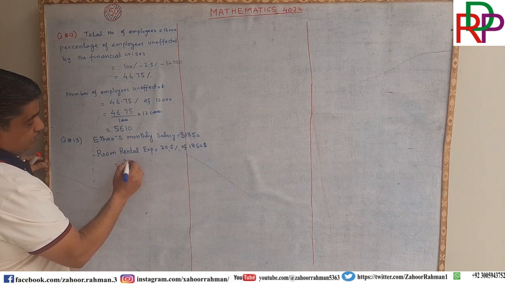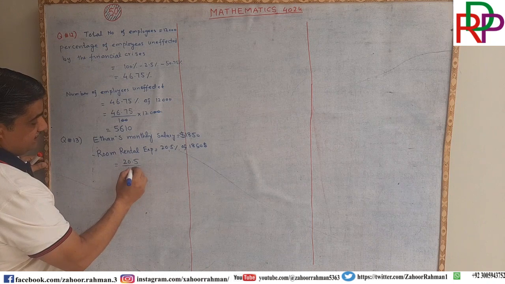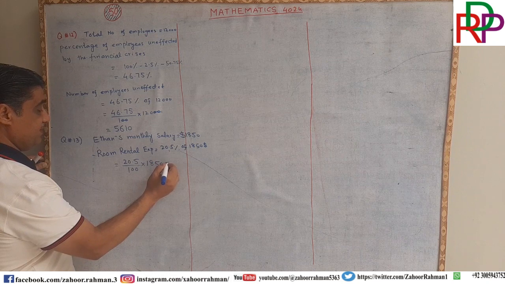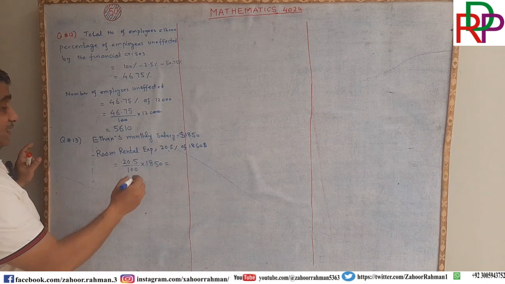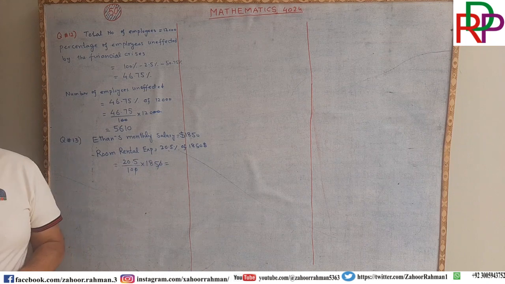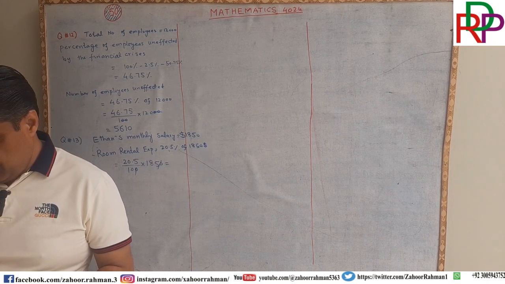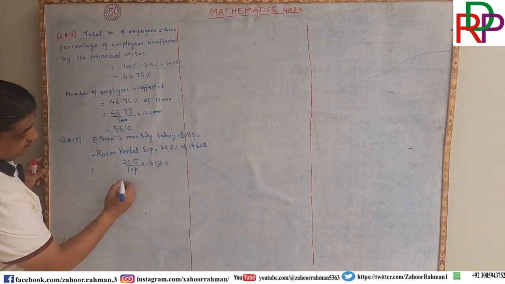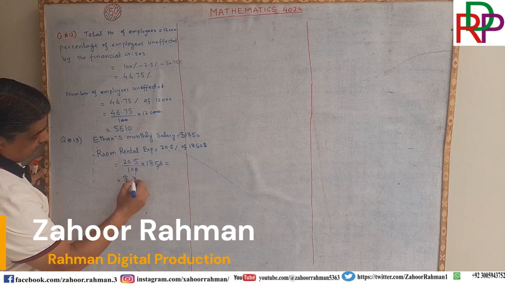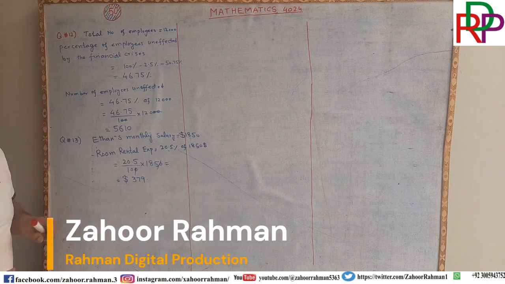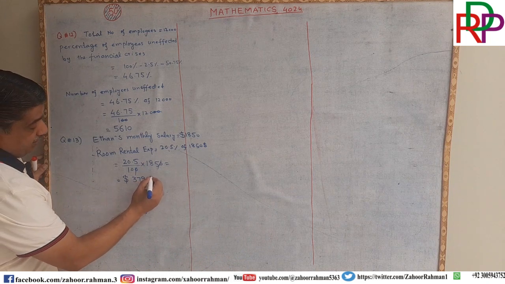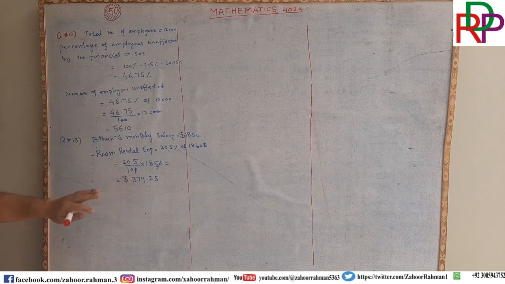So we can write 20.5% multiplied by $1850. So we will cancel this with this, and after the simplification we will have $379.25. This much is his room rental.